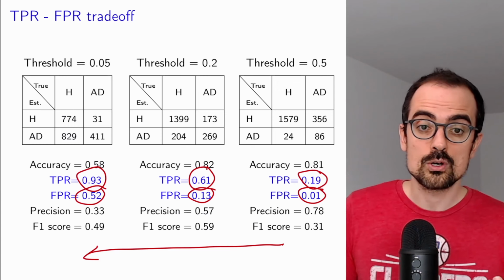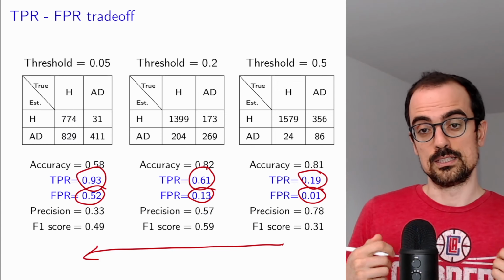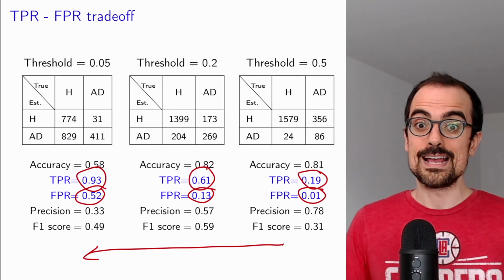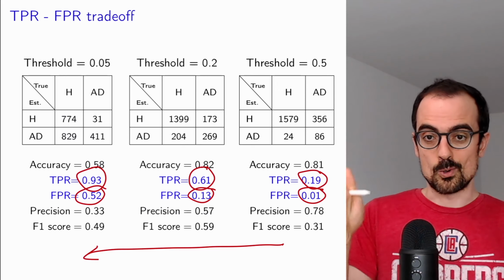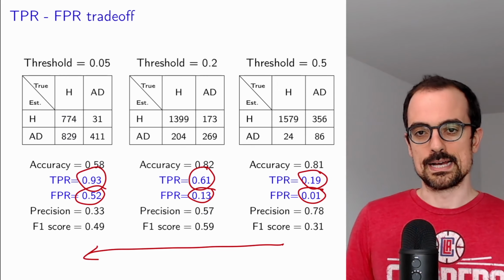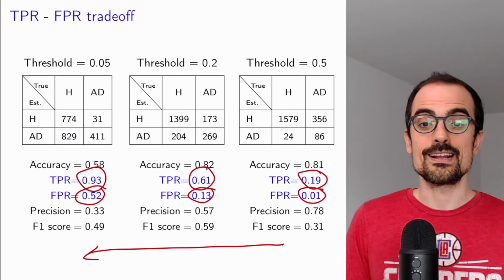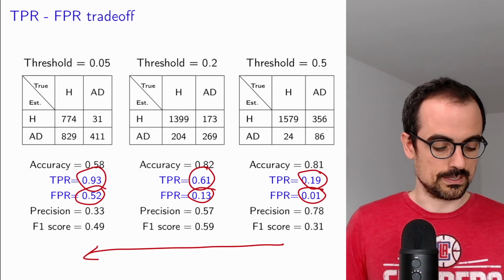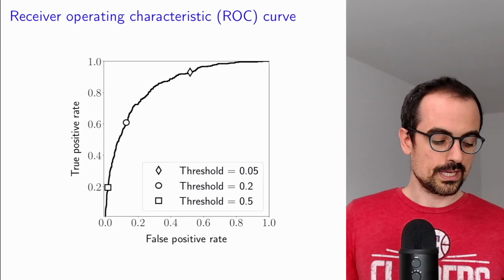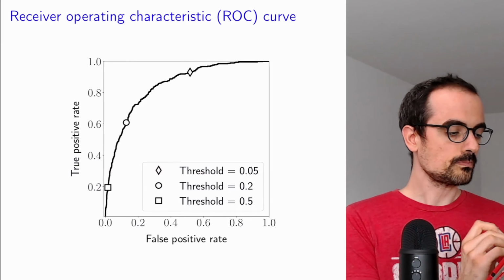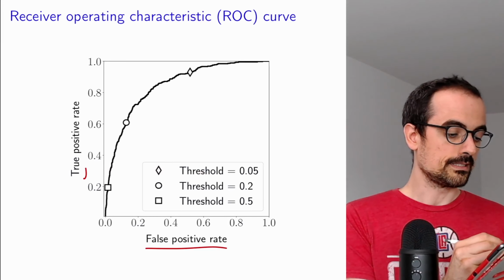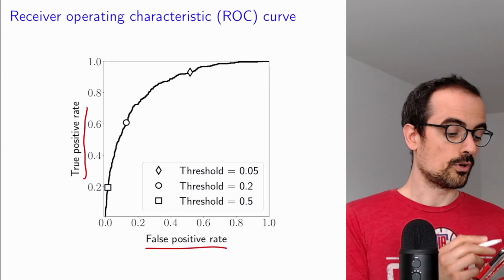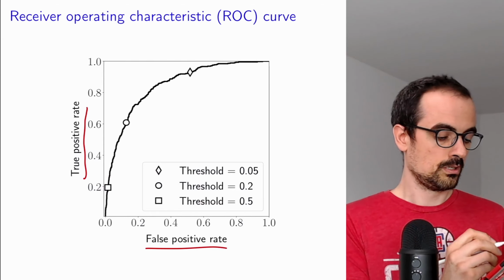We can actually look at the TPR, the true positive rate, and the false positive rate for any threshold in order to evaluate the probability estimates produced by the classifier instead of the thresholded probability estimates. So here I'm showing you the false positive rate against the true positive rate for these three thresholds.